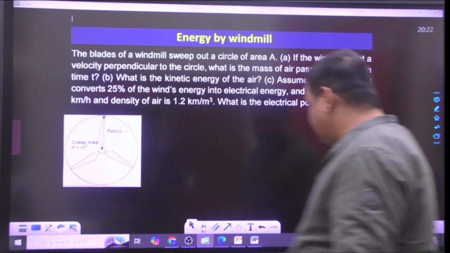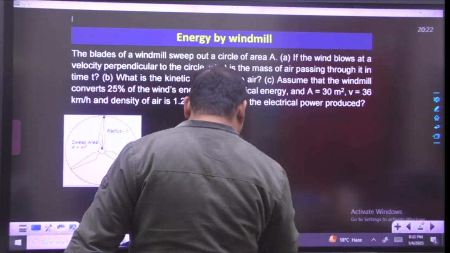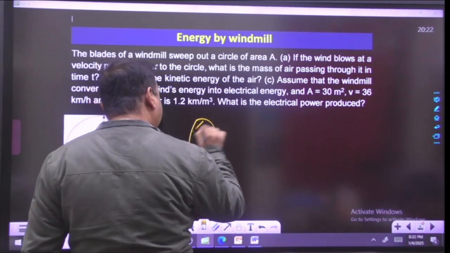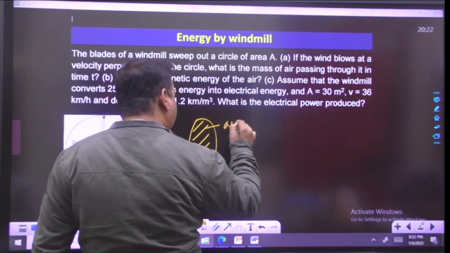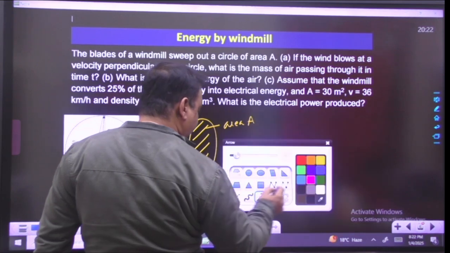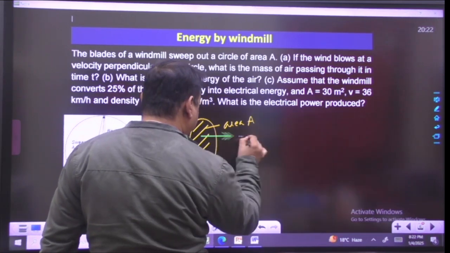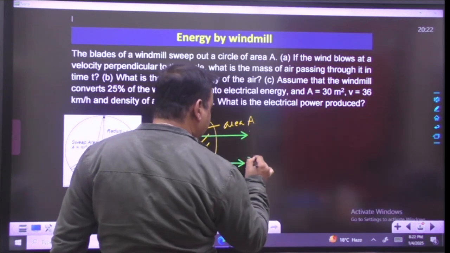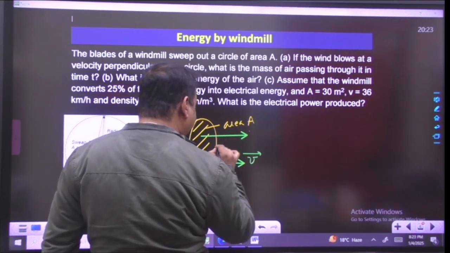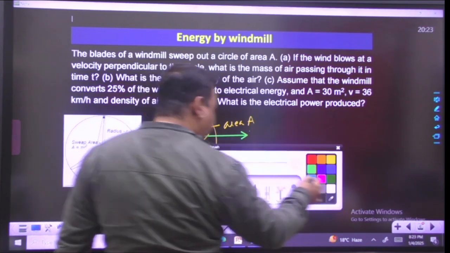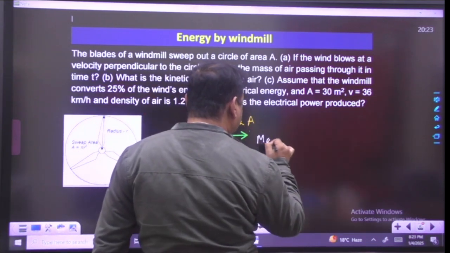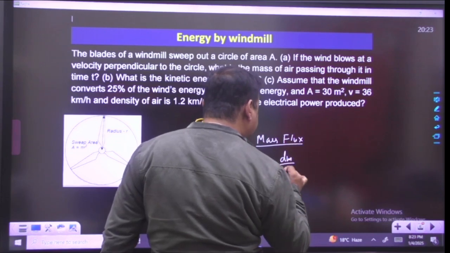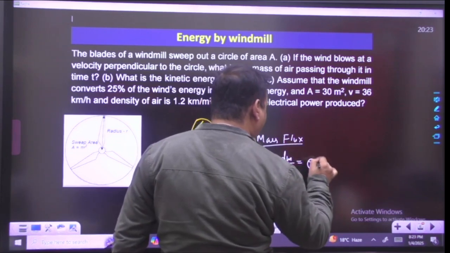Now we have seen in the fundamentals of fluid mechanics, if there is an area A and the wind, or any fluid, liquid or gas, is flowing perpendicular to it with a velocity v, and the density at the location of the surface is rho, then the mass flux, meaning the mass flowing per unit time, is equal to rho A v.